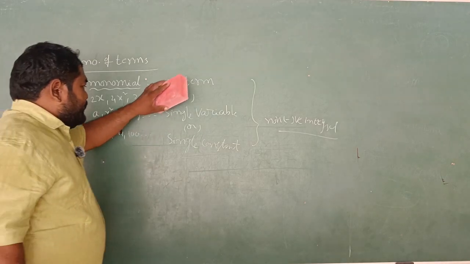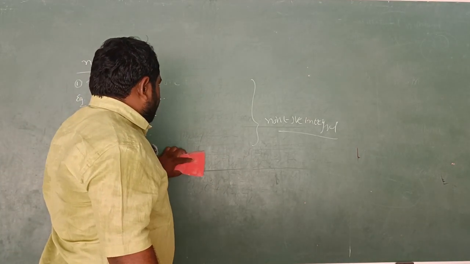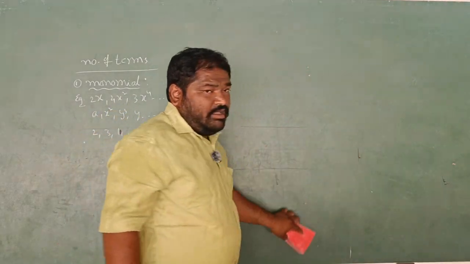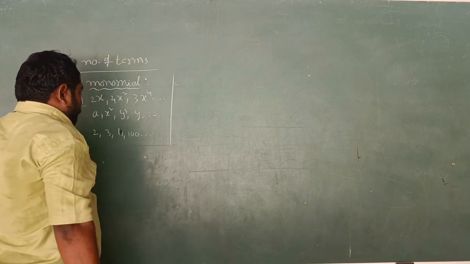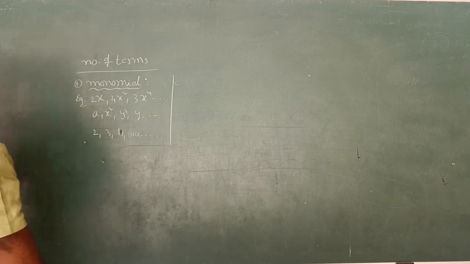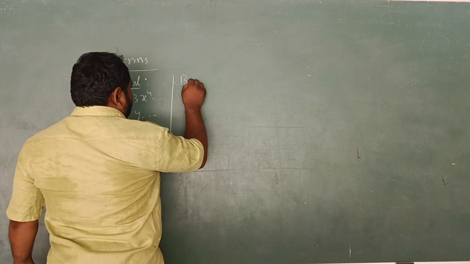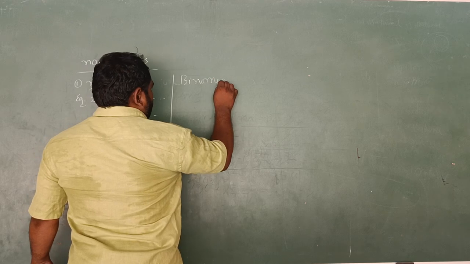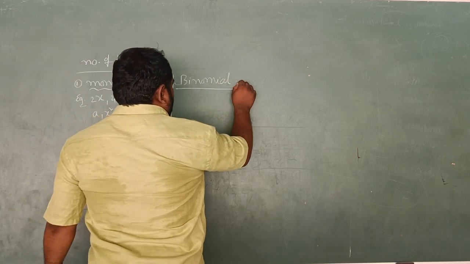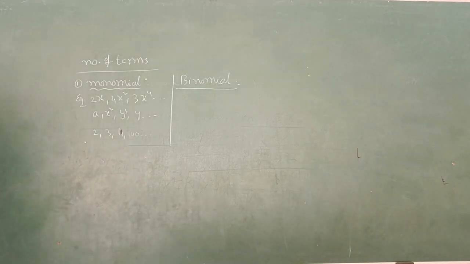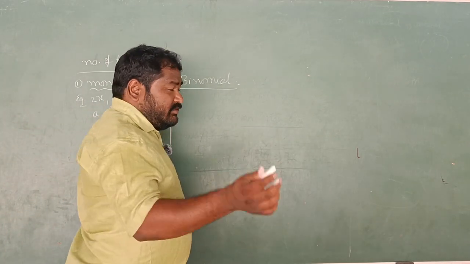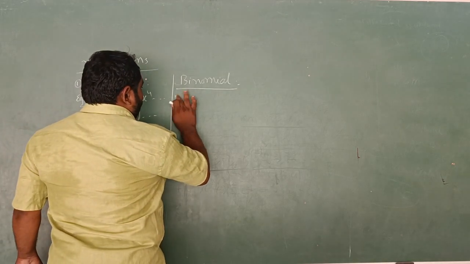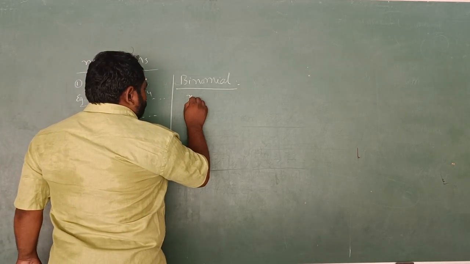I am going to write the second one. The second one is binomial. Mono means single. Binomial means if a polynomial contains two terms, but the variable contains non-negative integral power, that is applicable.